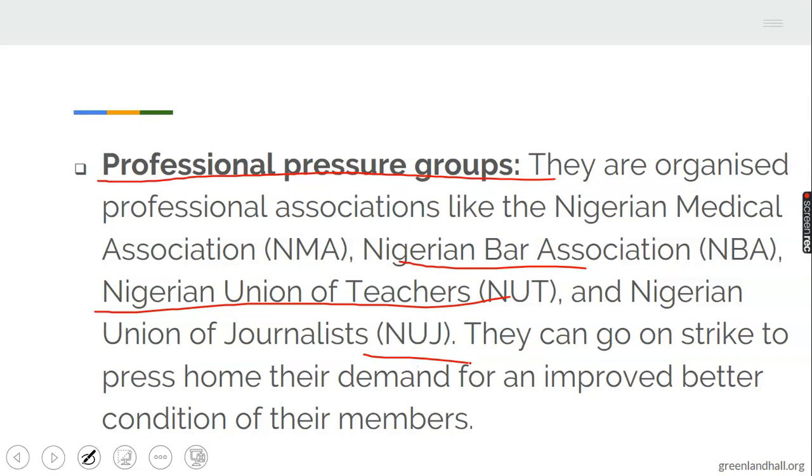These ones can go on strike to press home their demand for an improved, better condition of their members, like salaries, like a conducive atmosphere for their working condition in general. So they mount pressure in order for them to get their demand from the government.